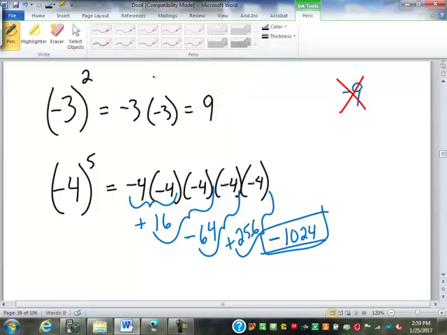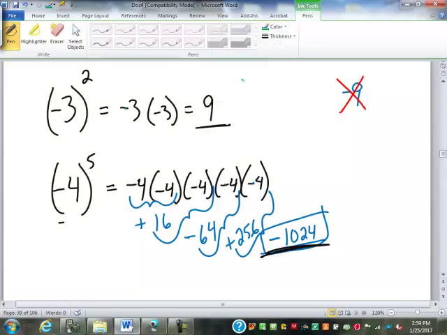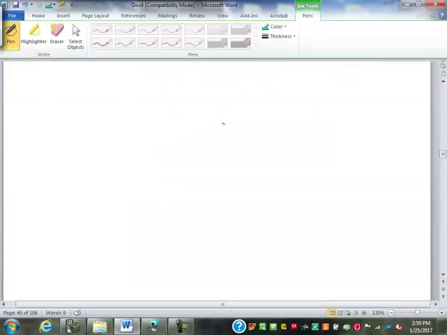So negative 3 squared was positive, but negative 4 to the 5th is negative. Why is that? Let me show you a couple more examples here and see if you can find the pattern. Negative 3 to the power of 4 is a positive 81.